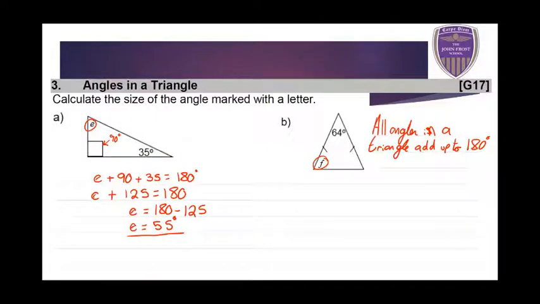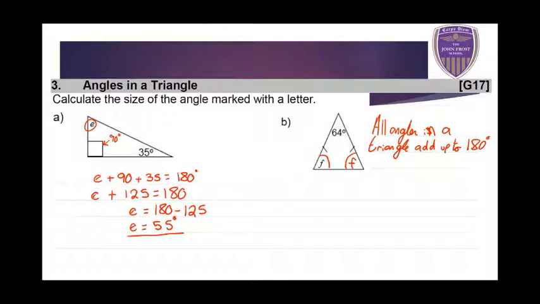The second question now, hopefully you recognize that this is an isosceles triangle. So that means that the two angles at the bottom here are the same, okay? So what does that mean for the question? Well, we do know this angle, but we don't know what the value is, but we do know that it is the same as its opposite angle, okay?